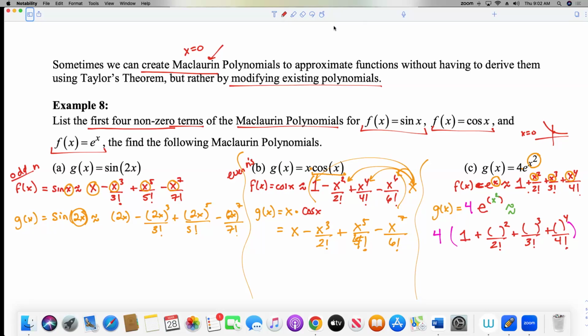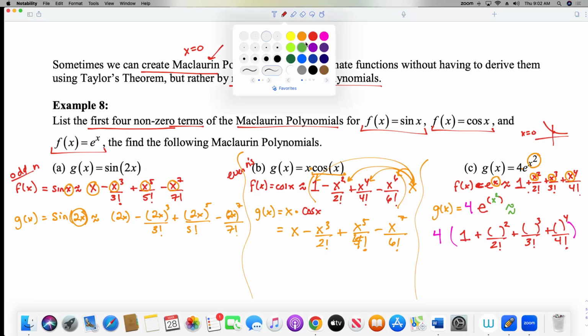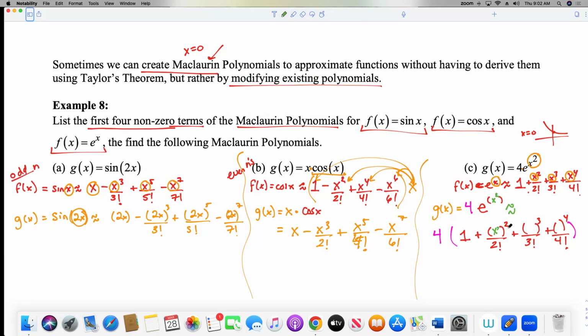And what's going to go into that parentheses? x squared, x squared, x squared. And then the last part is, let's clean this up. So x squared squared, I'm going to do it in 2 steps. So 1 plus x squared squared is going to be x to the 4th over 2 factorial plus x to the 6th over 3 factorial plus x to the 8th over 4 factorial.